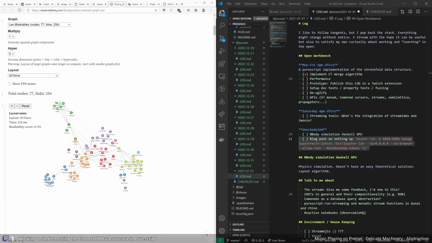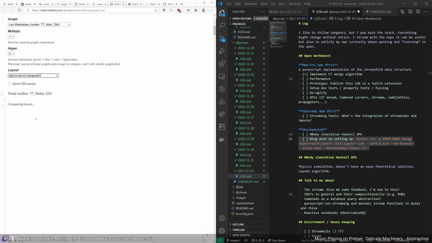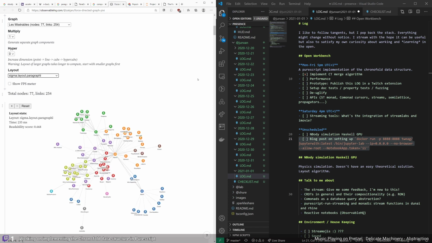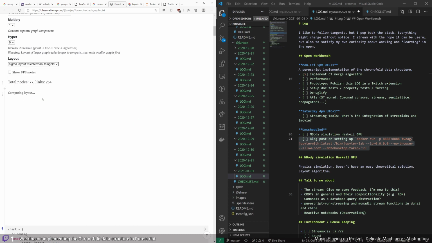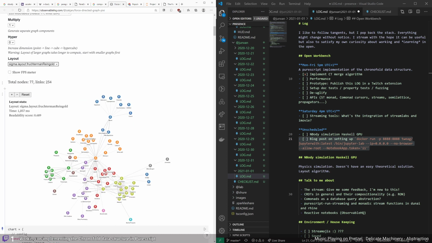And popping back the stack, we have this notebook, and in here we have the paragraph layout algorithm, which renders in 235 seconds compared to, let's say, the basic Fruchterman-Reingold in the CPU, which will render in 1,000.